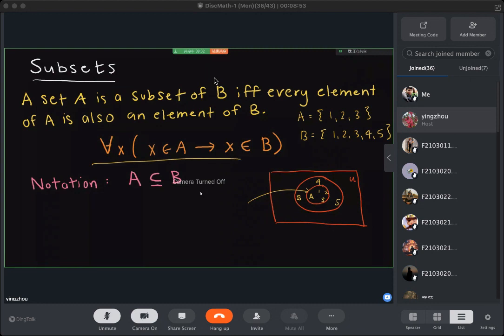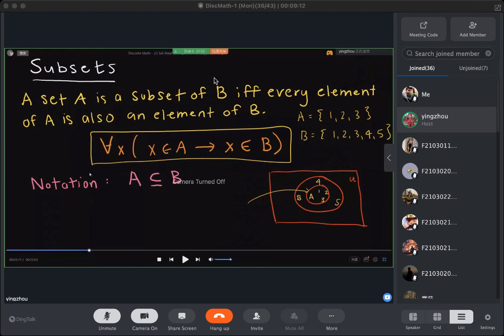Again, this is the notation that we would use. We're saying for all x's, if x is an element of A, then x is an element of B. So just from this symbol, you can also find a relationship between the set operator and the logical operator.